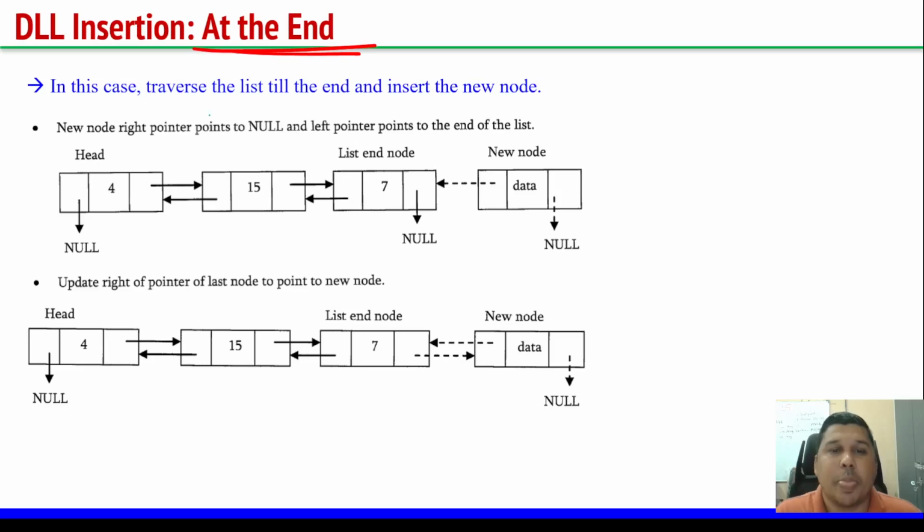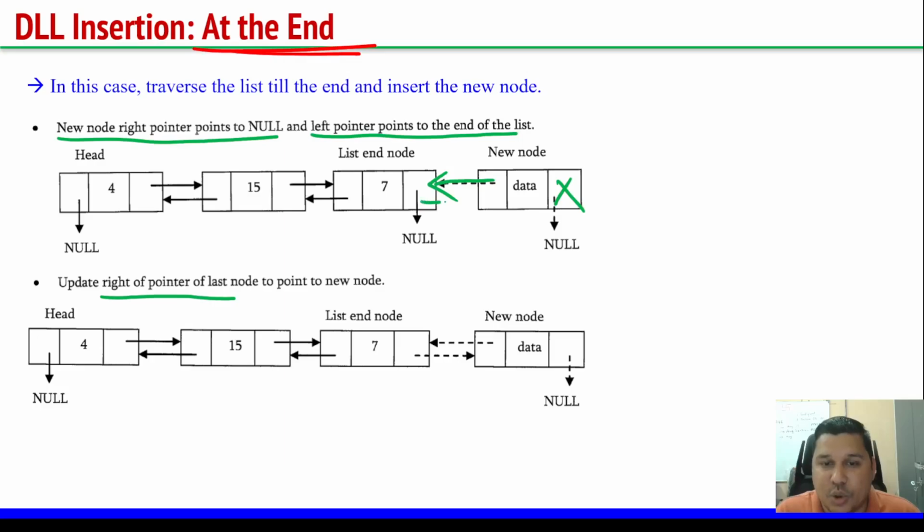See the logic here. What do I have to do? The new node's right pointer should point to null. This is null. The left pointer needs to point to the end of the list. That is my temporary. Next, update the right pointer of the last node to the new node. Update this node's link to this node. That's it. So total 3 operations. This I have to make null.